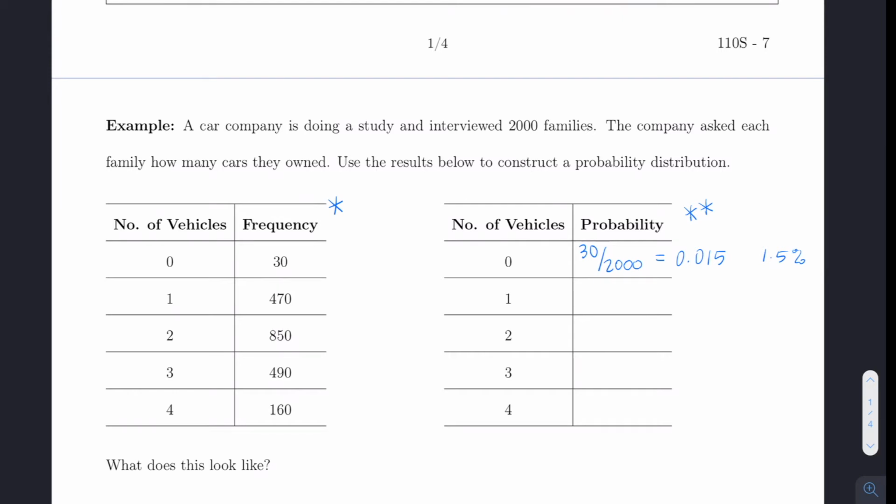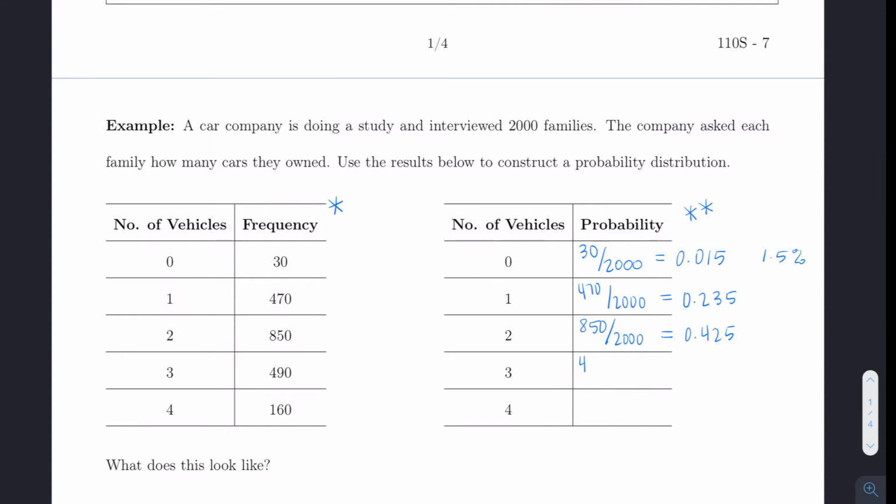I'm just going to keep doing that for the rest of the responses for the variable number of vehicles. The probability of a family having one car is equal to 470 divided by 2,000, which is 0.235, so about 24%. The probability of having two cars is 850 over 2,000, which is equal to 0.425.